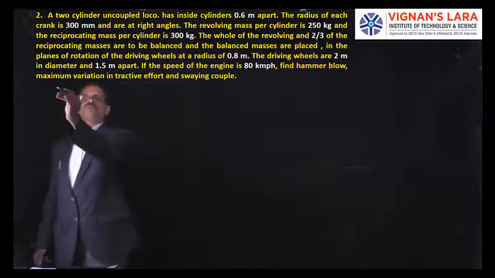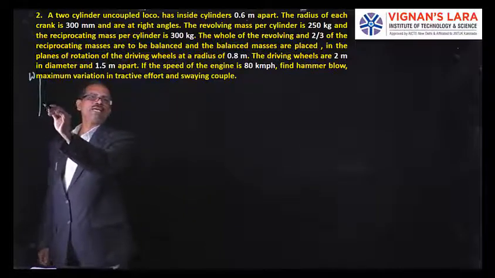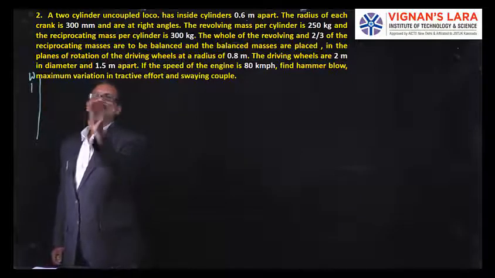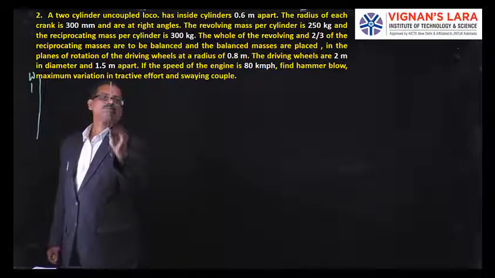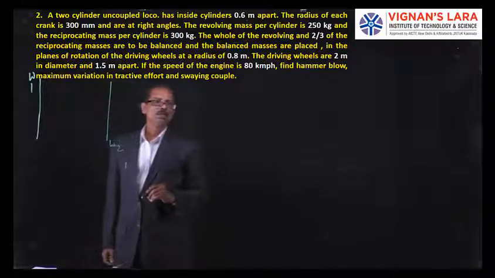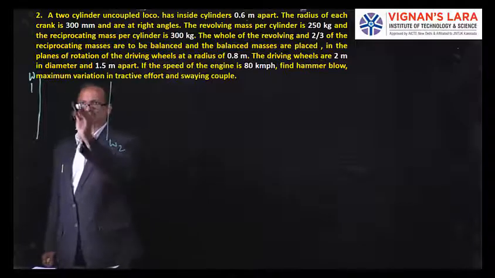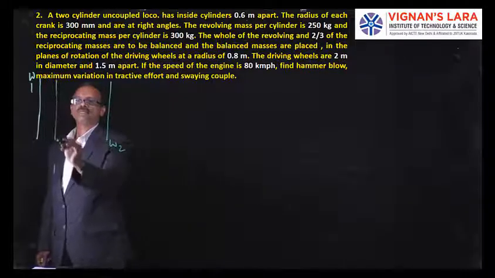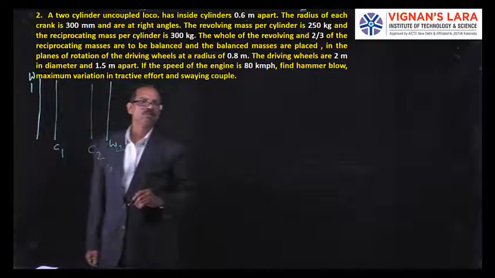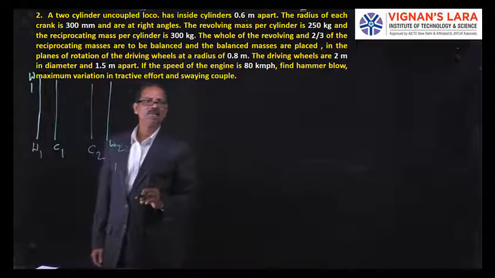So there are two wheels, wheel 1 and wheel 2, and the inside cylinders, cylinder 1 and cylinder 2.